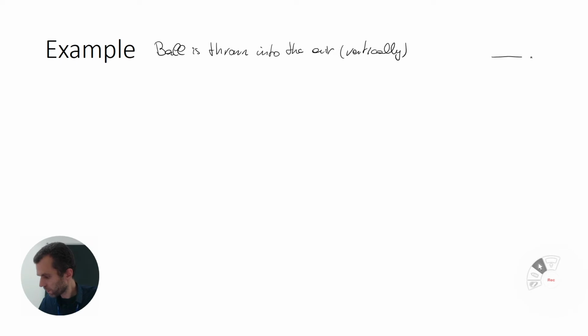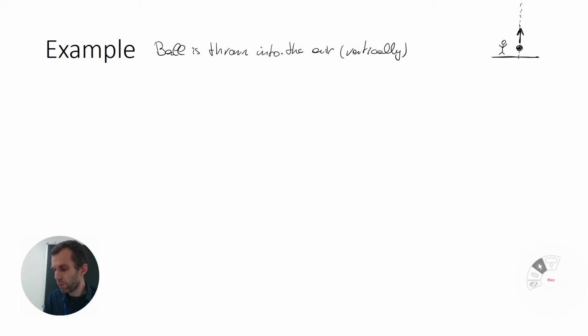So I'm standing here and I'm throwing this ball into the air like so, just straight up. And so it's still a one-dimensional motion. It's not horizontal like a train or a car, but that's fine. Vertical is also okay as long as it's along a straight line.